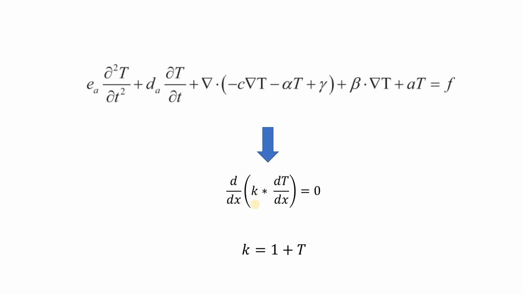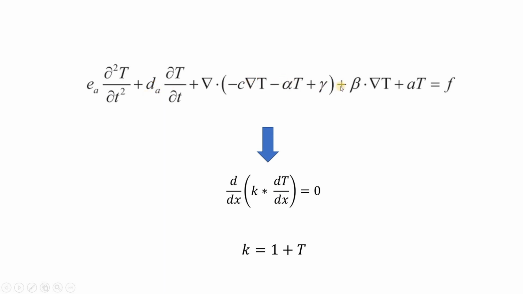Here also the thermal conductivity varies with the temperature, which is given here. So to convert this equation into this form, we have to nullify all the parts, and we have to keep only the temperature as a function of x. So the part which is showing the temperature as a function of x is this part. So we have to keep this one, and the rest of the parts will be 0.